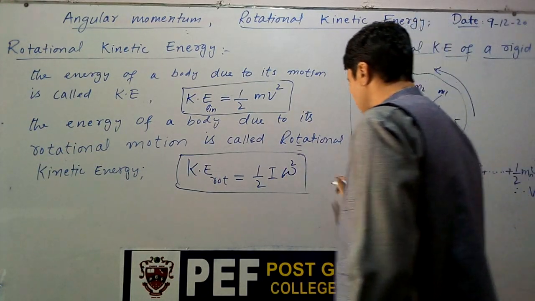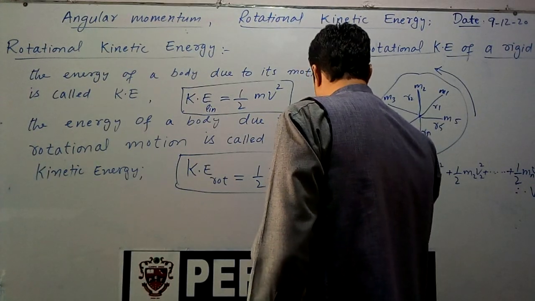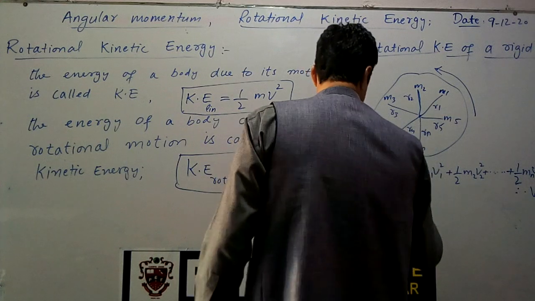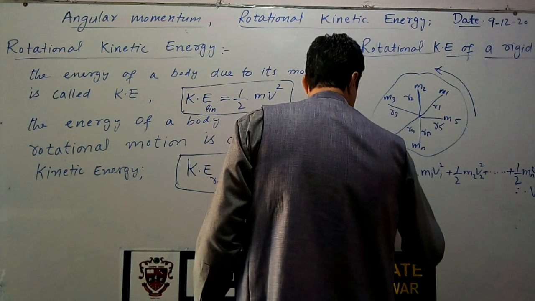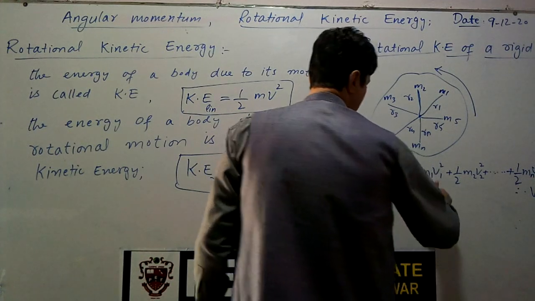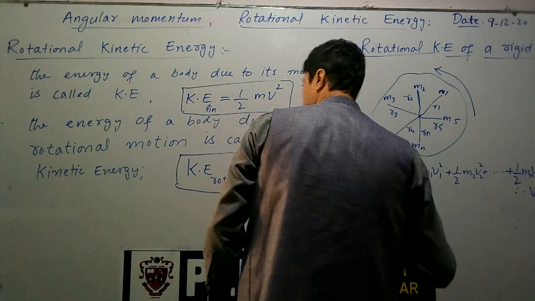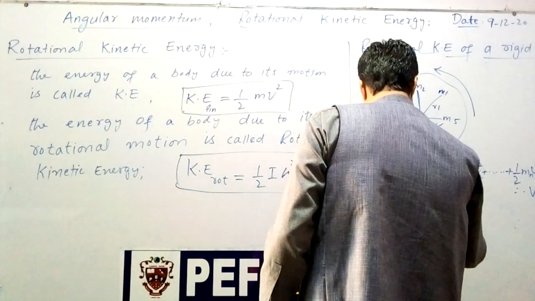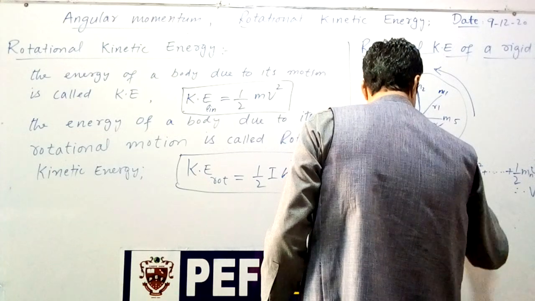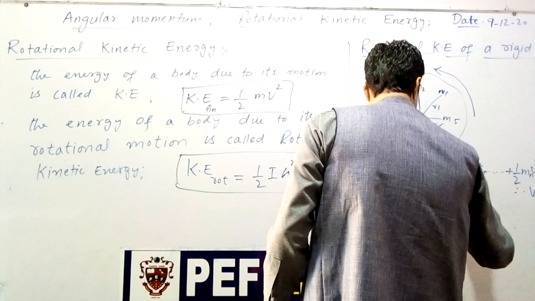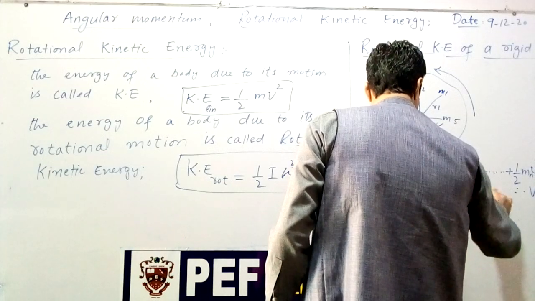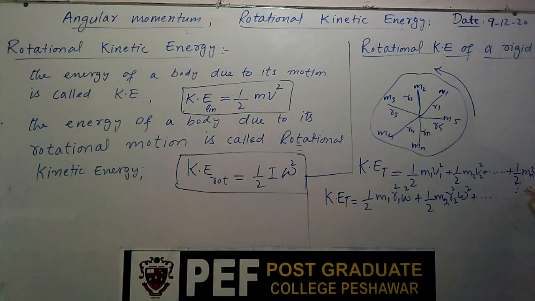So we get total kinetic energy equal to 1 divided by 2 m1 into r1 omega whole square, so it will be r1 square omega square, plus 1 divided by 2 m2 r2 square omega square, and similarly for the nth point, 1 divided by 2 mn rn square omega square.